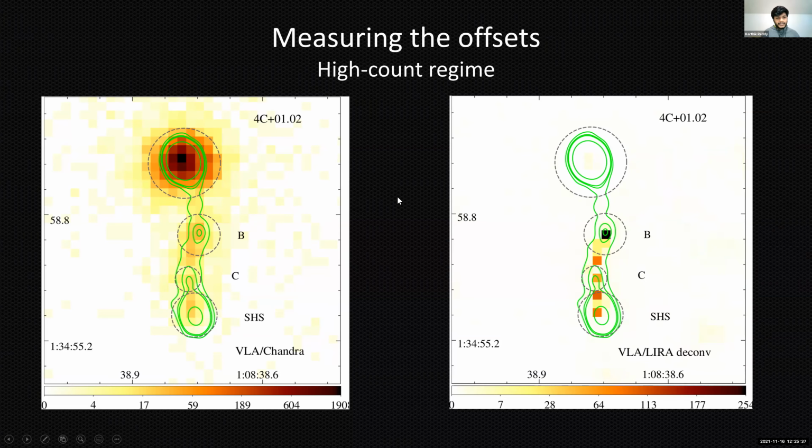So sorry, can you repeat, please? So you said that one problem with finding the real offset is that in your jet there are nearby knots and possibly continuous emission that confuses. So how about you use two stars, let's say, which we know to be point sources, and measure the offset between the two stars in the low count regime?